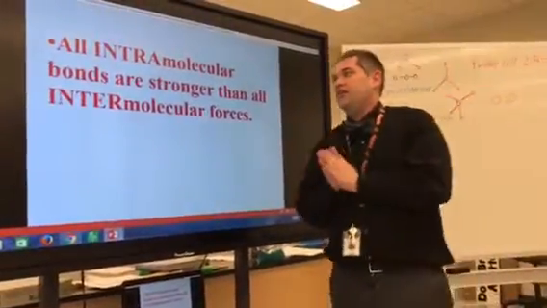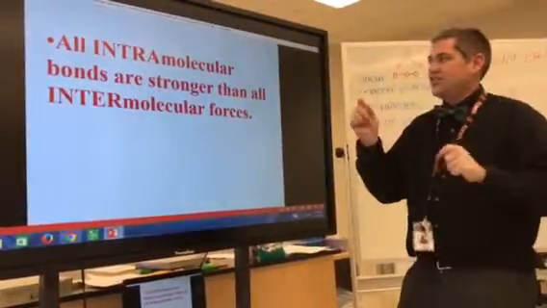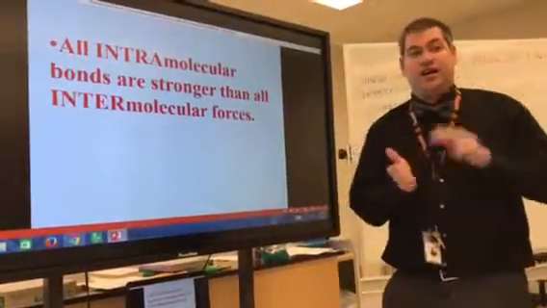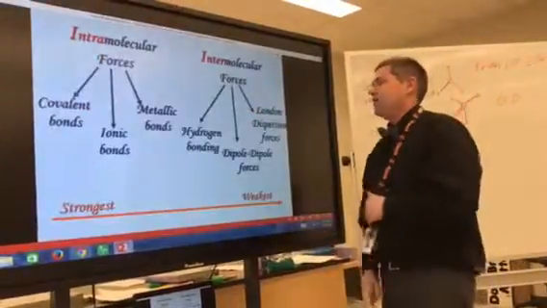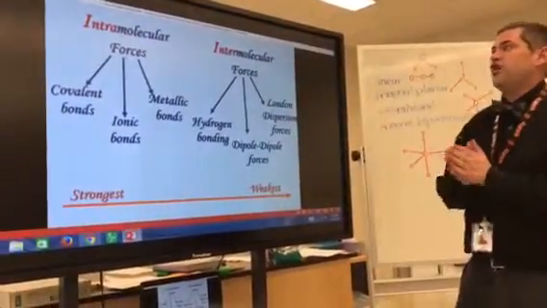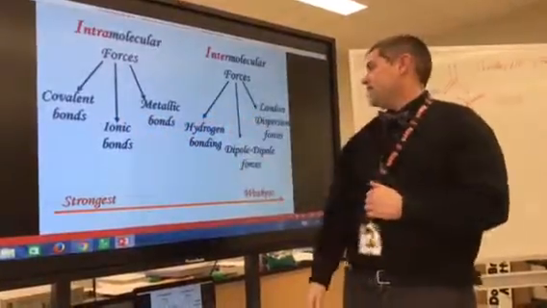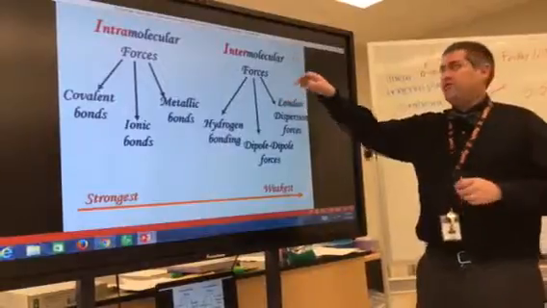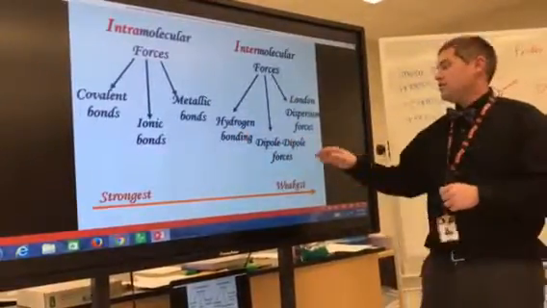All intermolecular bonds are weaker than all intramolecular bonds. Covalent and ionic are going to be stronger than intermolecular bonds. Intramolecular bonds are these types, the three main we got. And like I told you as we were going through, for the intermolecular forces, hydrogen bond is the strongest.